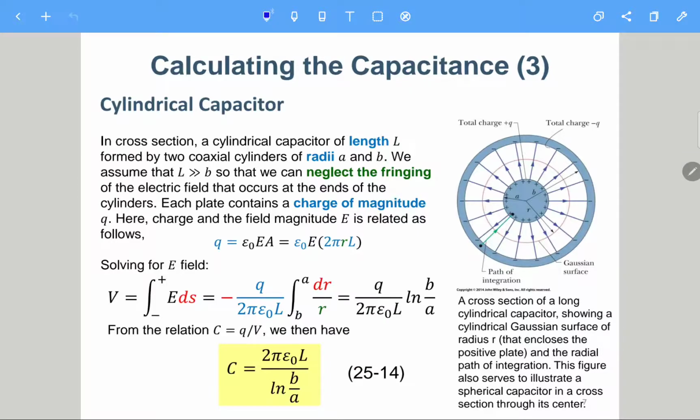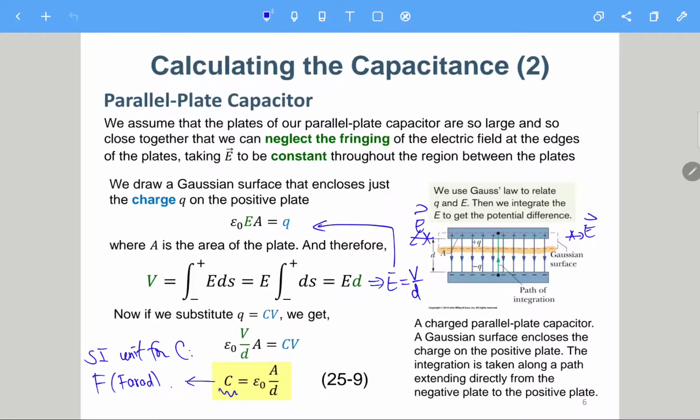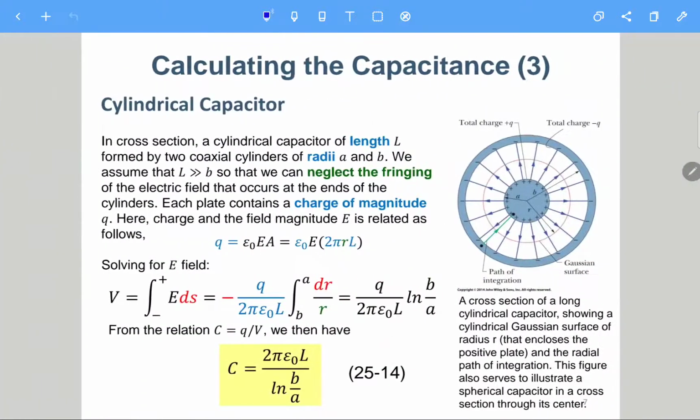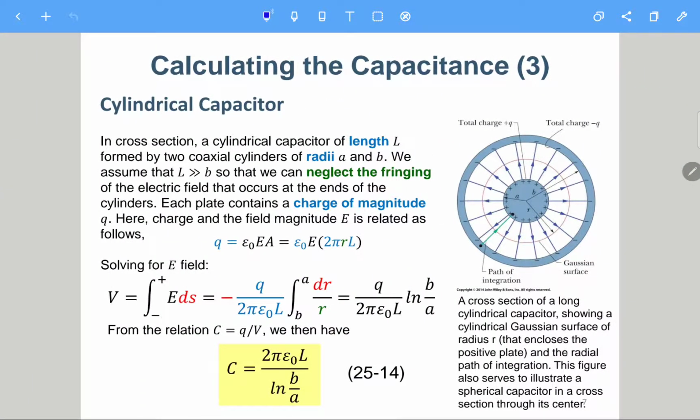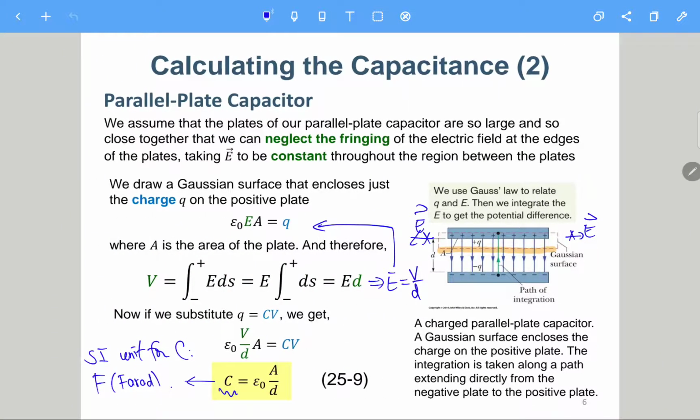Okay, so far any questions? No questions. So next we consider another type of capacitor. Or maybe I can first tell you more about this parallel plate capacitor.